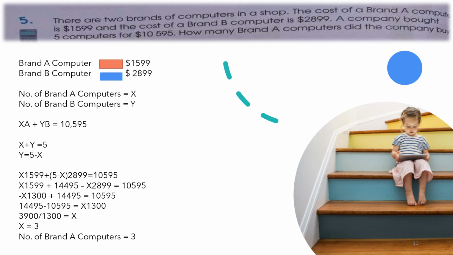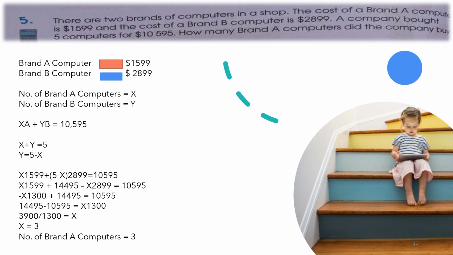Now according to our first equation, which says that X number of brand A computers plus Y number of brand B computers is equivalent to 10,595, we are going to simply put the values of the variables.